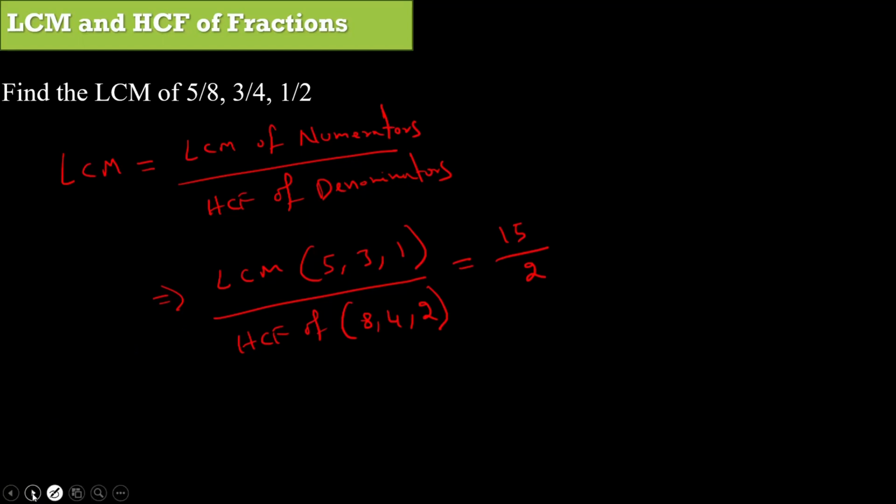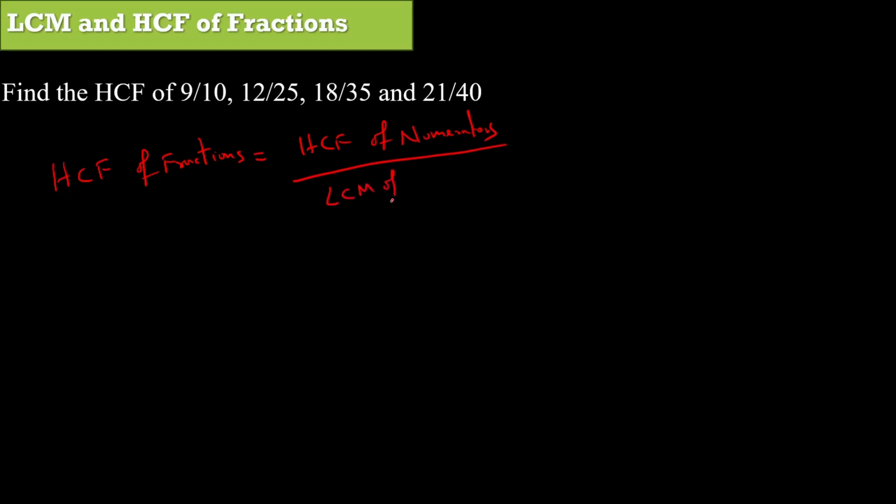Now, let's see how to find out the HCF. What is the formula for HCF of fractions? HCF of fractions is equal to, now we will do HCF for numerators divided by LCM of denominators.